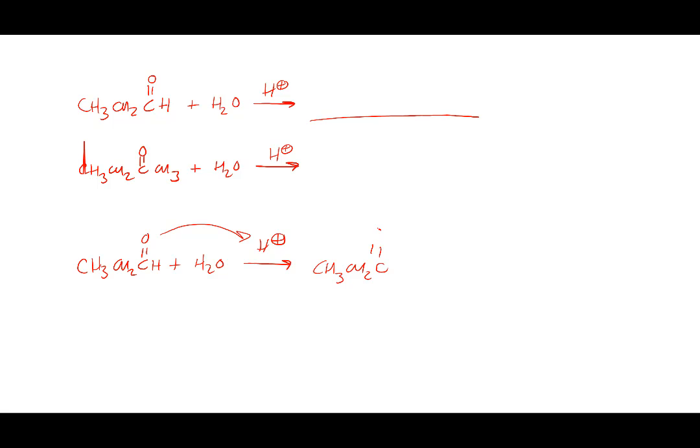Okay, so now I've got my double bond with my O with my H positively charged. What happens next? Water comes in, or does this structure have a resonance structure? If I take this pair of electrons and move it to the oxygen, because I'm missing a lone pair, then what?